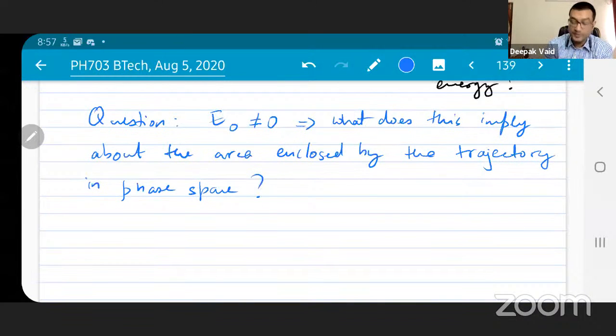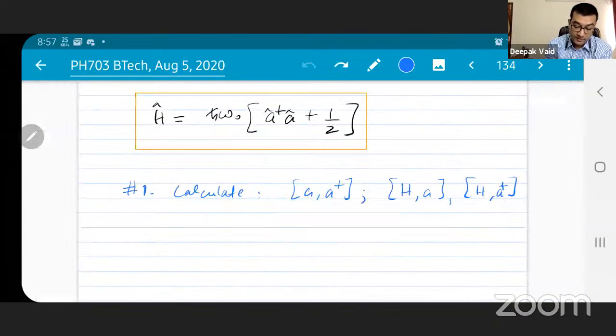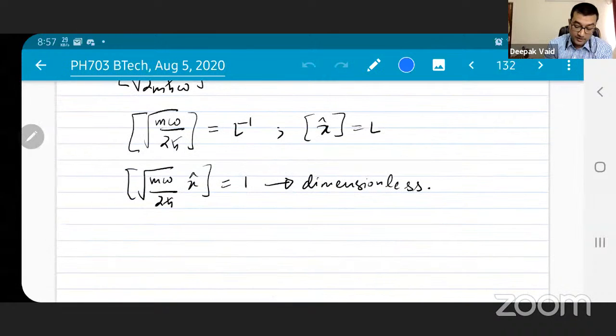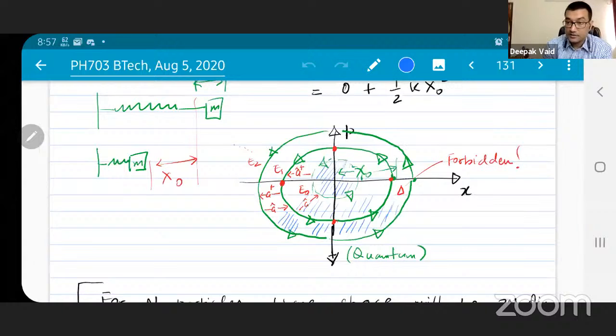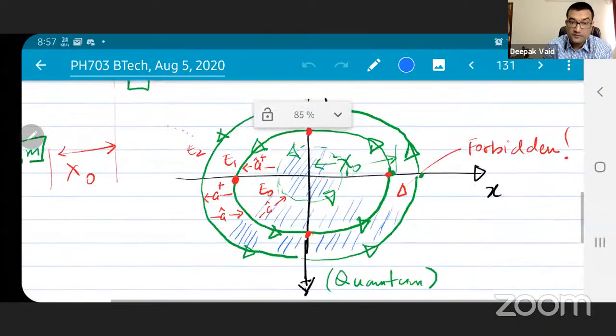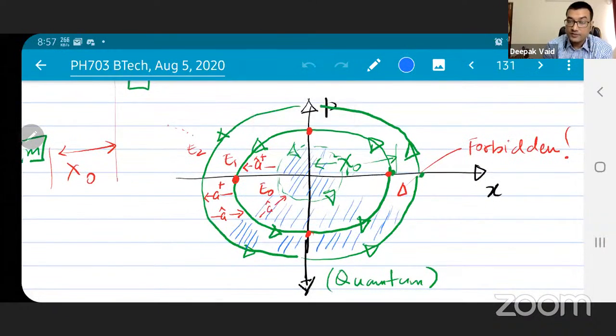In phase space, you remember, the system moves in these elliptical circles. So the lowest energy, this E naught, is non-zero.